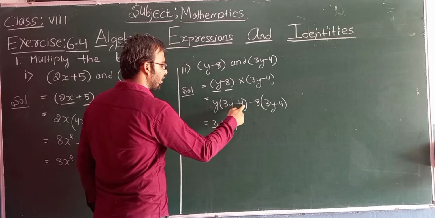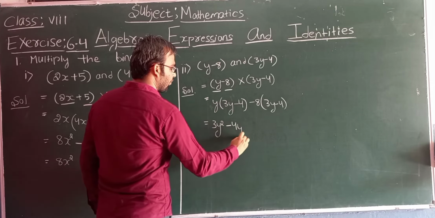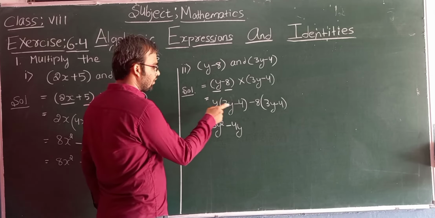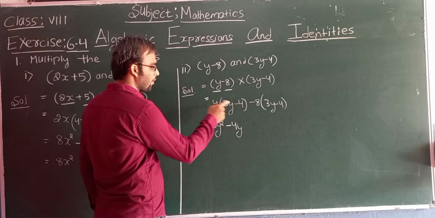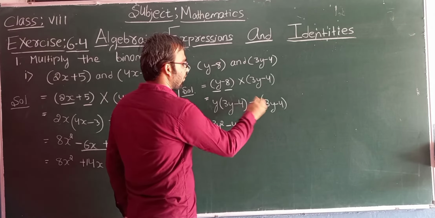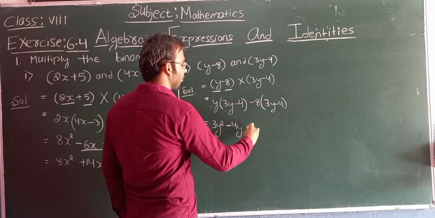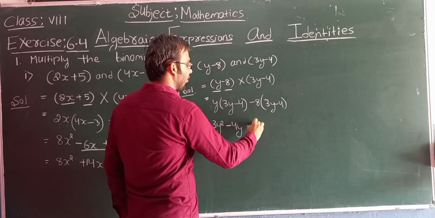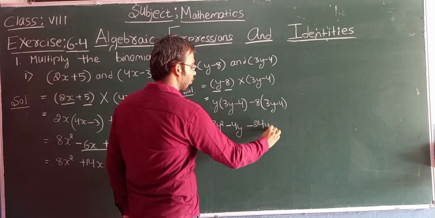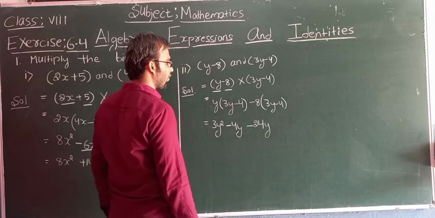Here y is there, here there is no y, so write y. Now this part is completed. First we have multiplied y with 3y, next we have multiplied y with minus 4. Now come to this part. Here minus is there, here plus is there, so minus into plus will be minus. 8 3s are 24. Here y is there, here there is no y, so write y: minus 24y.